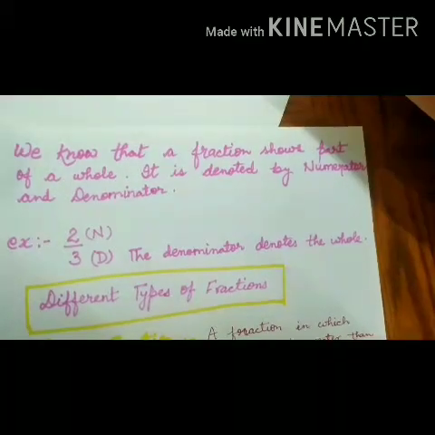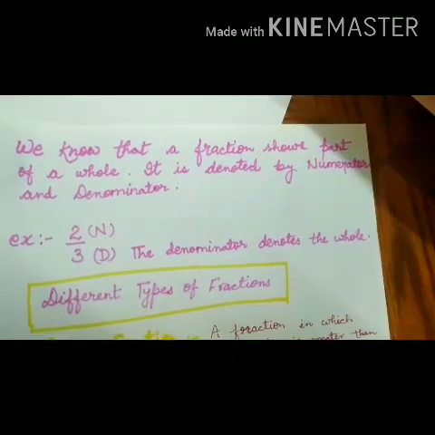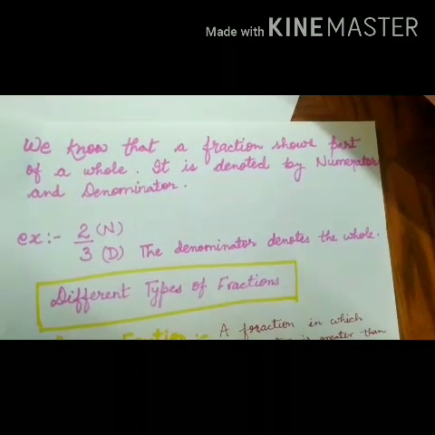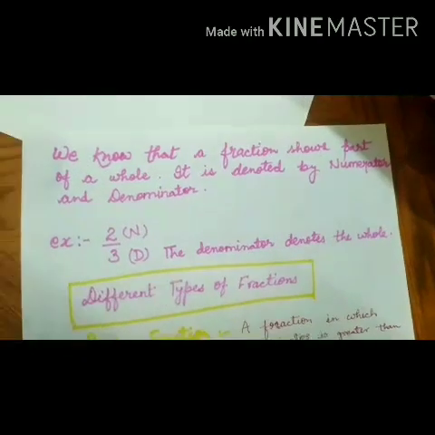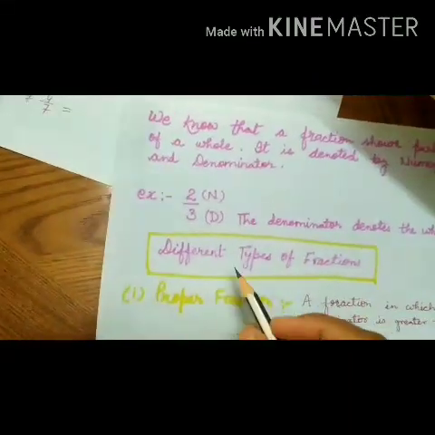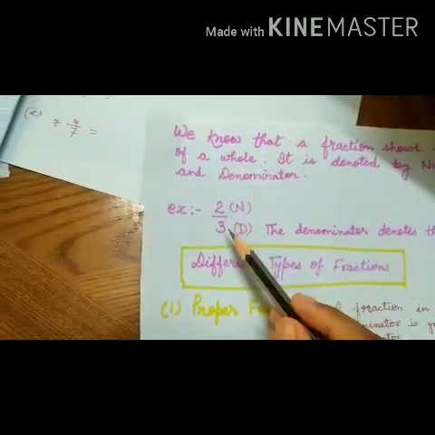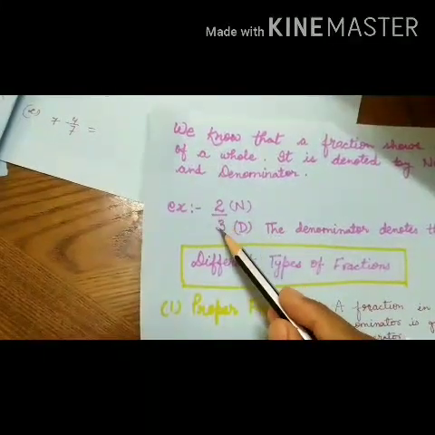Okay, now I am going to tell you about a fraction and how it looks. We know that a fraction shows part of a whole. It is denoted by numerator and denominator. Now a fraction is always like this, for example written as 2 by 3. It means 3 is the whole.